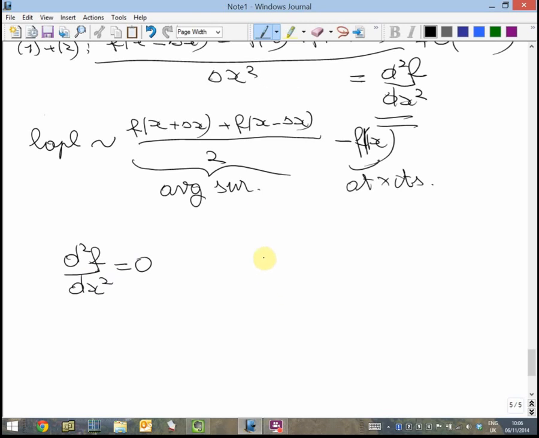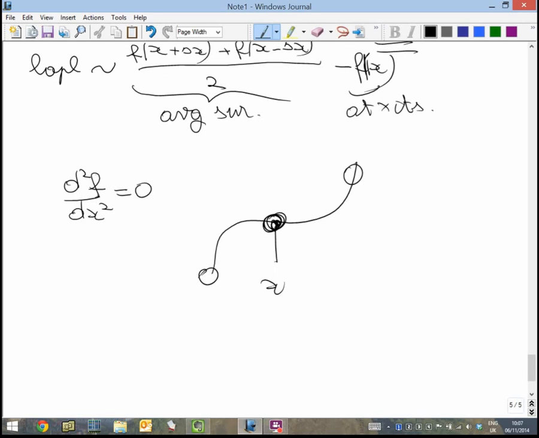If you have a second order derivative which is equal to 0, like for example an inflection point, so let's exaggerate this, this is an inflection point where the second order derivative is equal to 0, there you indeed can see that at the point x, the difference between the function value itself, which is this guy, and the average of the surroundings, which is roughly the average of these 2 points, you will see that there's some symmetry going on, that this average here and the difference with the point itself, that roughly evaluates to 0. So that makes sense from a geometrical perspective.